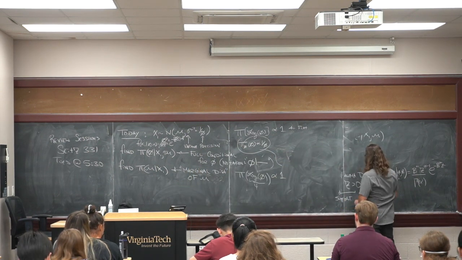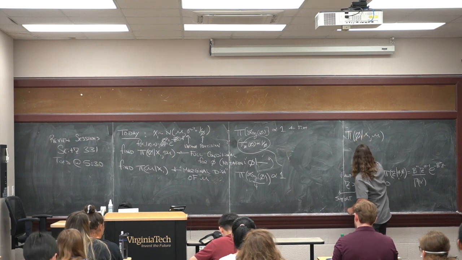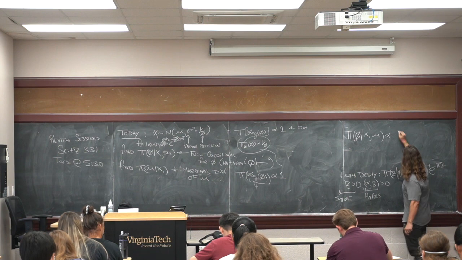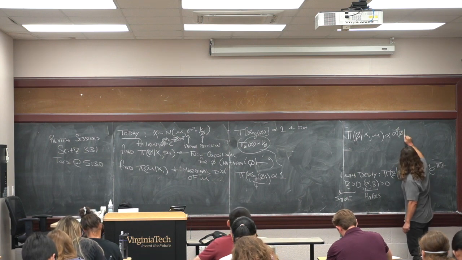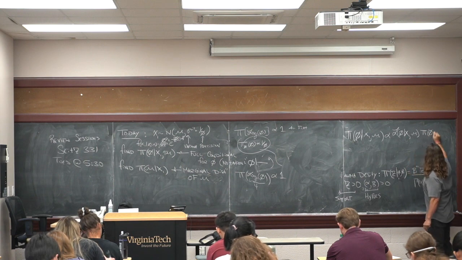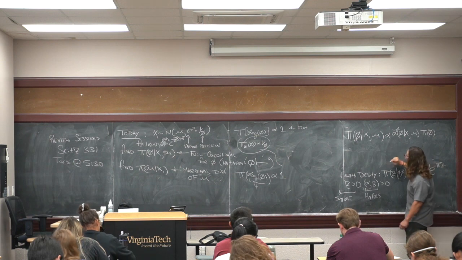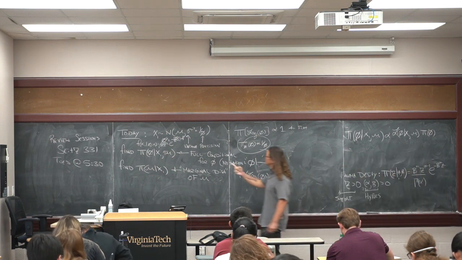So the gamma distribution, that's what we wanted. So I'll write down this. This is going to be the likelihood for phi given x1 and mu times our prior distribution. So our likelihood looks like this.